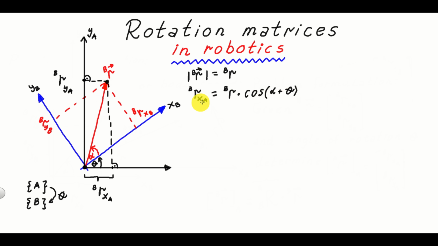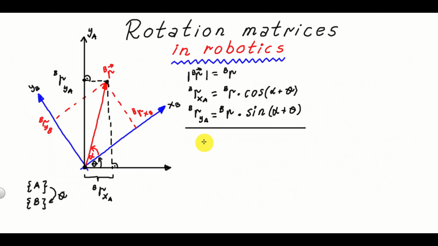Good. Similarly, we can write this projection RB YA like this. It's equal to the intensity of the vector RB multiplying the sine of alpha plus theta.